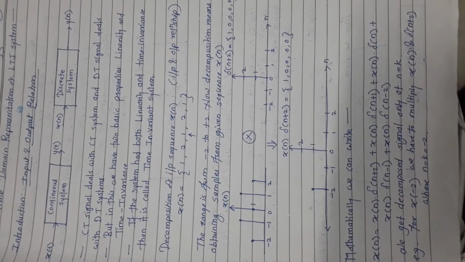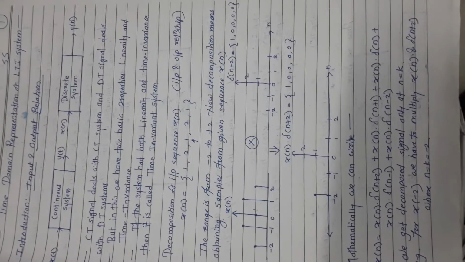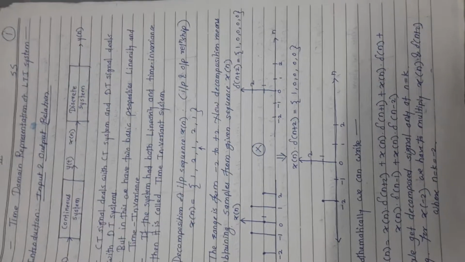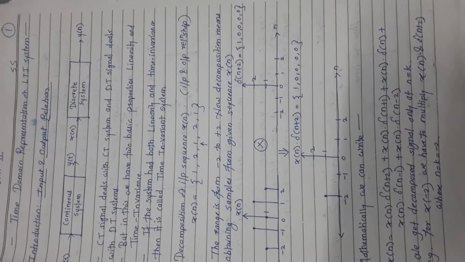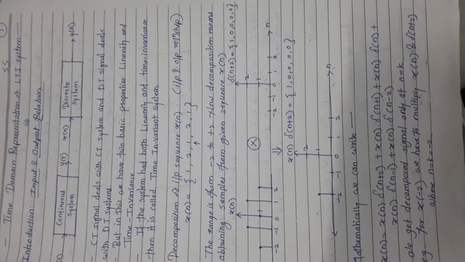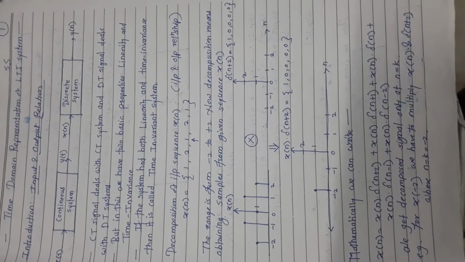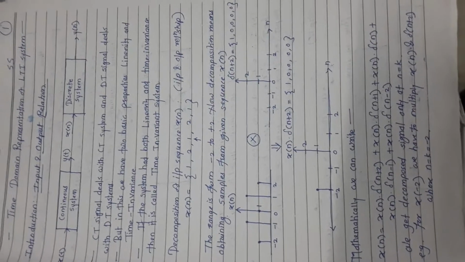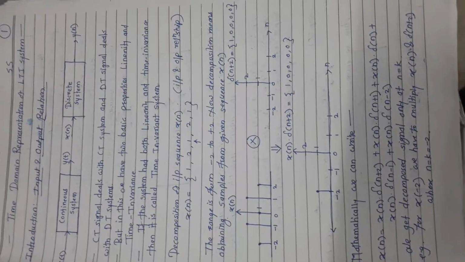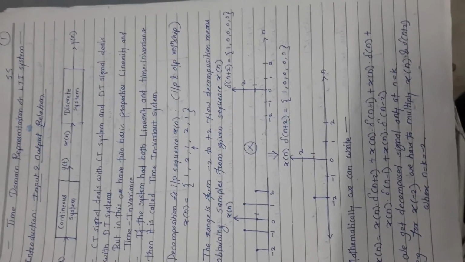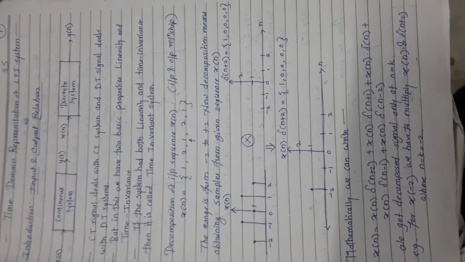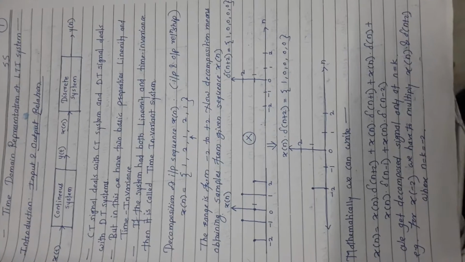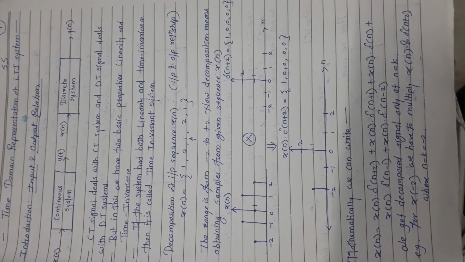So the impulse signal is used here, and if I represent del of n plus 2, it has 1 0 0 0 0. As per the previous original signal, we again have 5 elements here, but the origin is at 0 and the 1 is at minus 2. So I am representing the same signal over here.